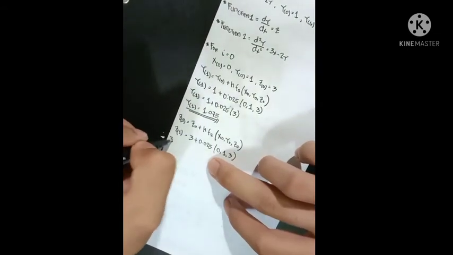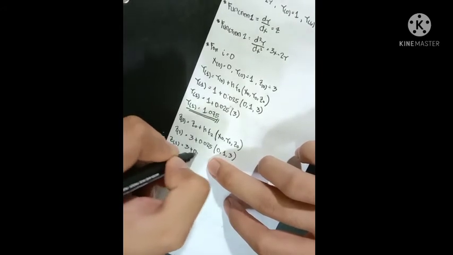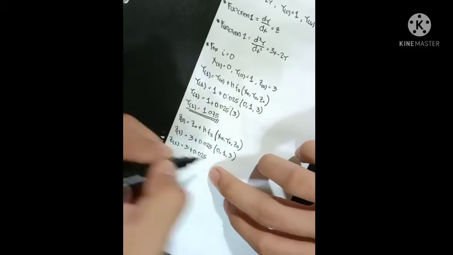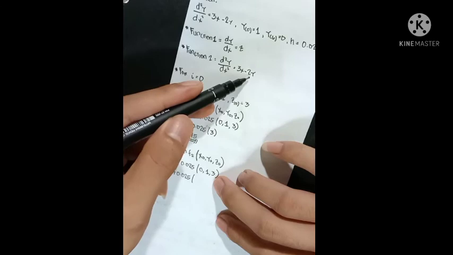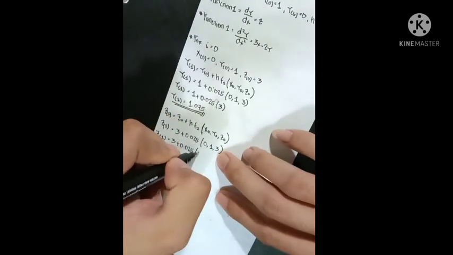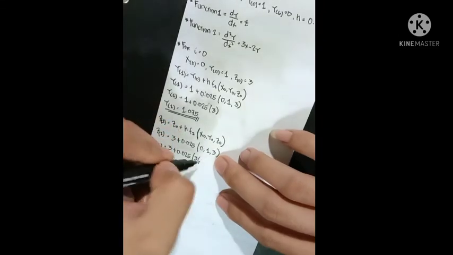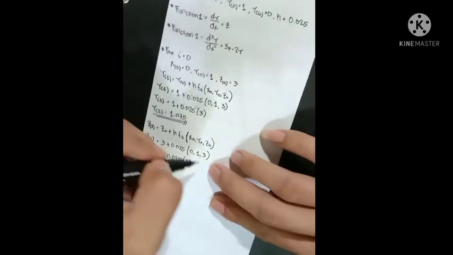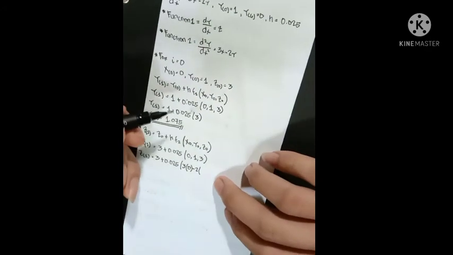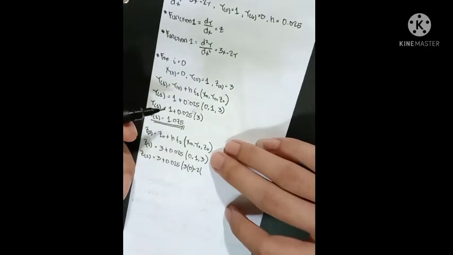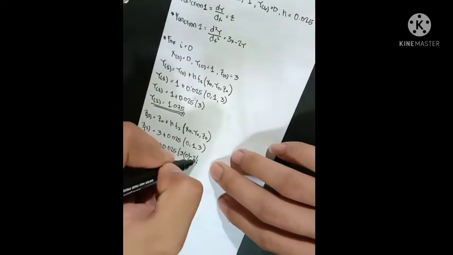So our z1 is equal to 3 plus the step size of 0.025 times function 2 with x0 equal to 0, y0 equal to 1, and z0 equal to 3. So z1 is 3 plus 0.025 times function 2, which is 3x minus 2y. So 3 times x, which is 0, minus 2y, where y is 1.